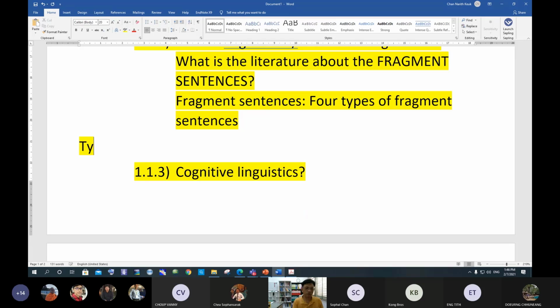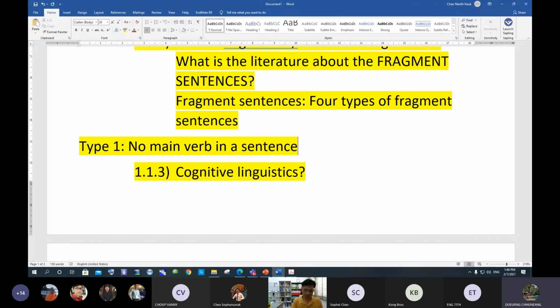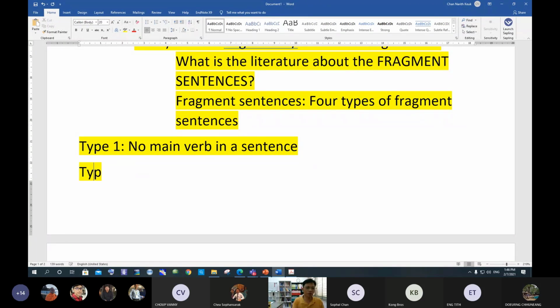Type 1. What is it? No main verb. I'm sorry. Yeah, no main verb in a sentence. Okay. Type 2, maybe. I'm not quite sure. What's that?